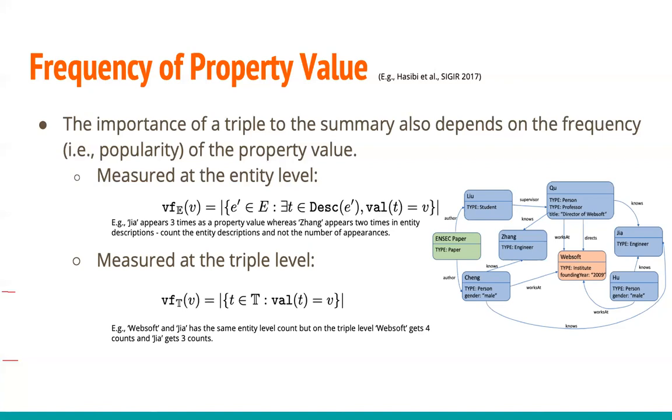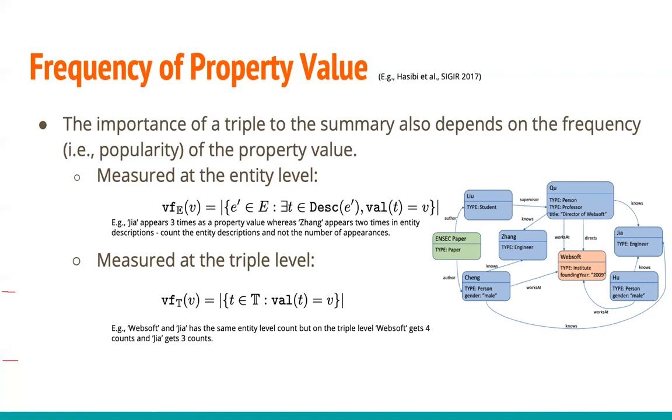If we are measuring at the entity level, both the property instances, or the triples connecting Q and WebSoft using works at and directs, will be counted as one for WebSoft, because it has only 2 items coming from one entity, Q. But since we are now measuring at the triple level, they can be counted as 2 different triples.